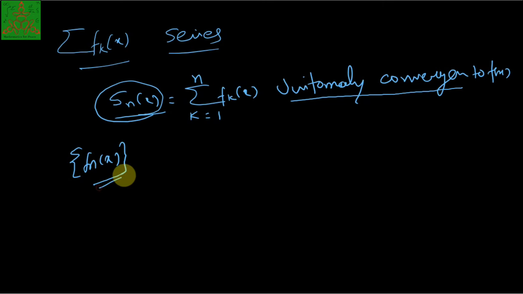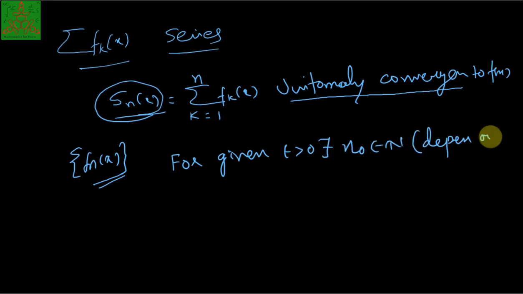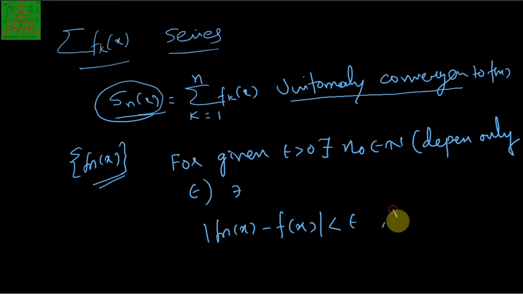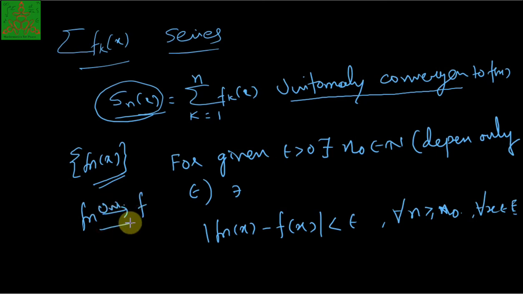We say it is uniformly convergent if for a given epsilon greater than 0, there exists n0 belonging to N, depending only on epsilon and not on x, such that the modulus of fn of x minus f of x is less than epsilon for every n greater than or equal to n0. And this is true for every x in the domain of the function. Let's say the domain of the function is E. Then we can say that fn converges to f uniformly.